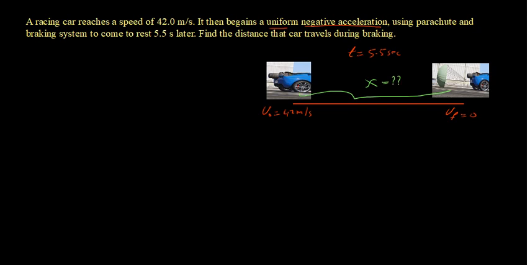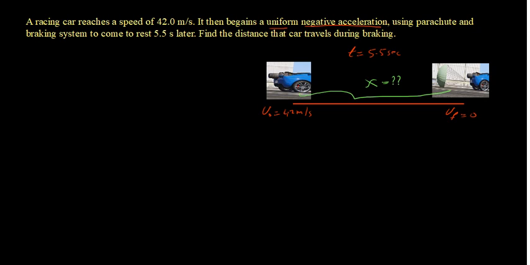Now, this is one of those examples I mentioned in one of my videos, where you could solve the same problem in different ways. It's the way you approach it, or which equation you pick to help you solve the problem. Once again, this is a uniform, constant acceleration, so I can pick one of the kinematics equations.